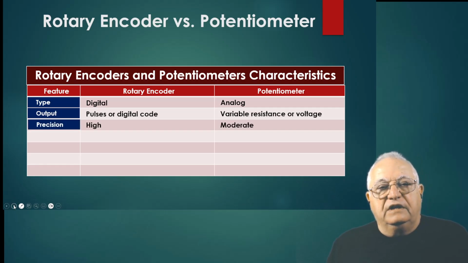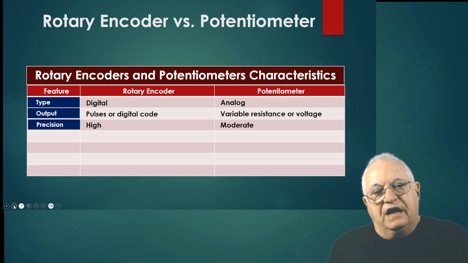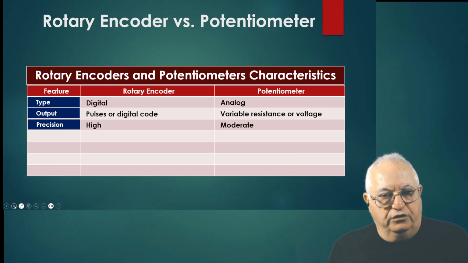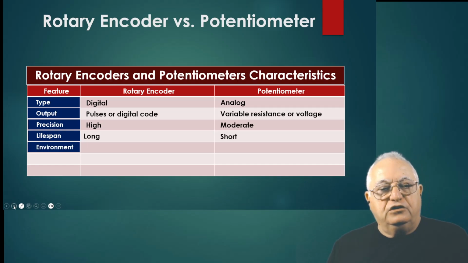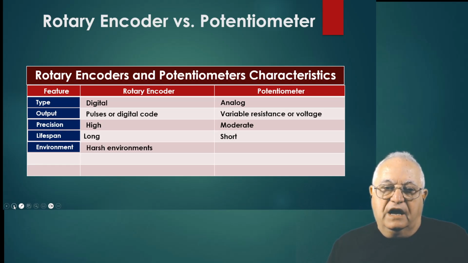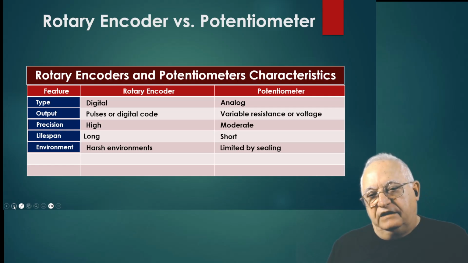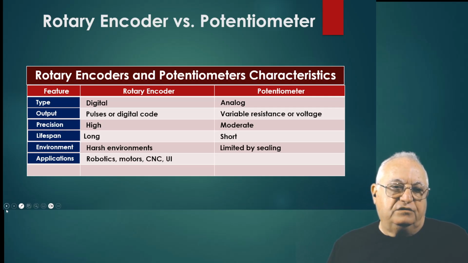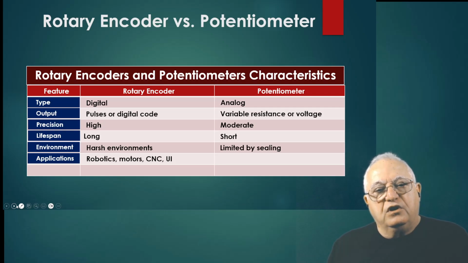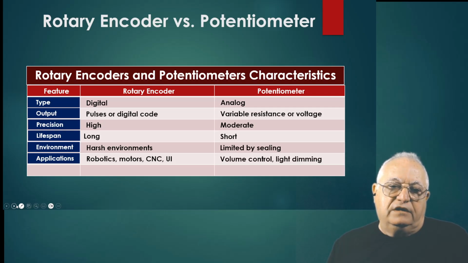Precision: the rotary encoder is high, the potentiometer is moderate. Lifespan: the rotary encoder is long, the potentiometer short. Environment: the rotary encoder handles harsh environments, while the potentiometer is limited by the sealing. Applications: for the rotary encoder, we have robotics, motors, CNC, UIs.